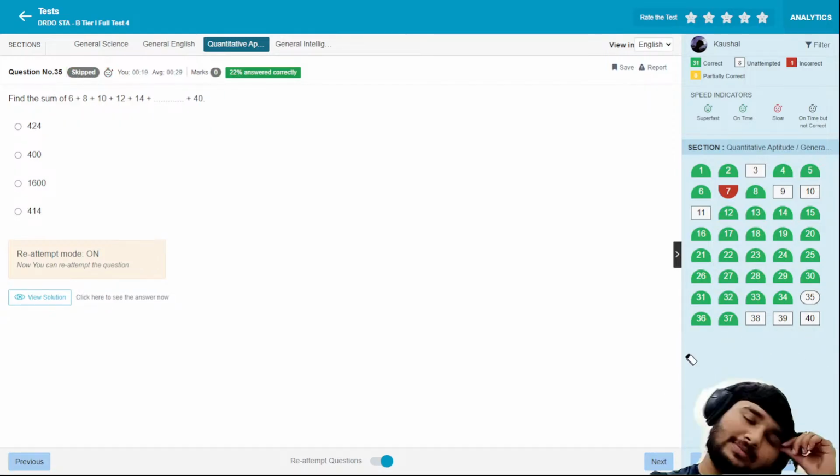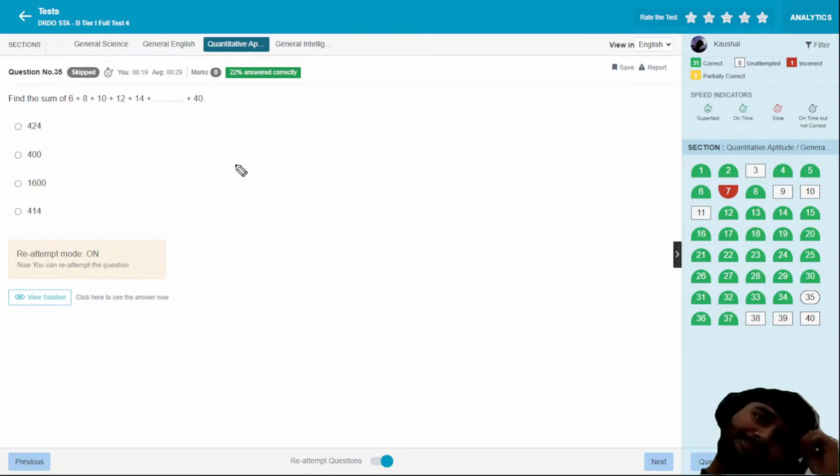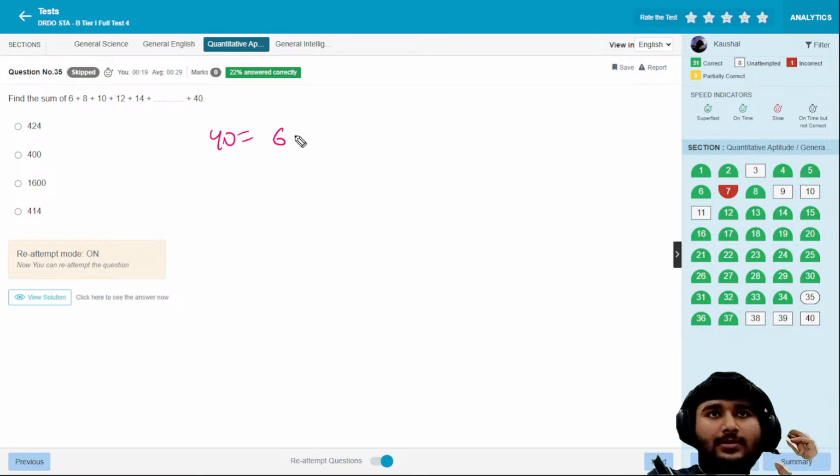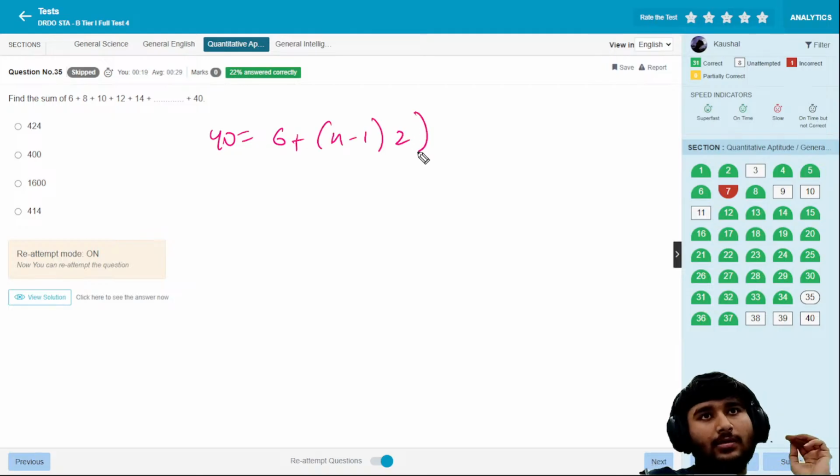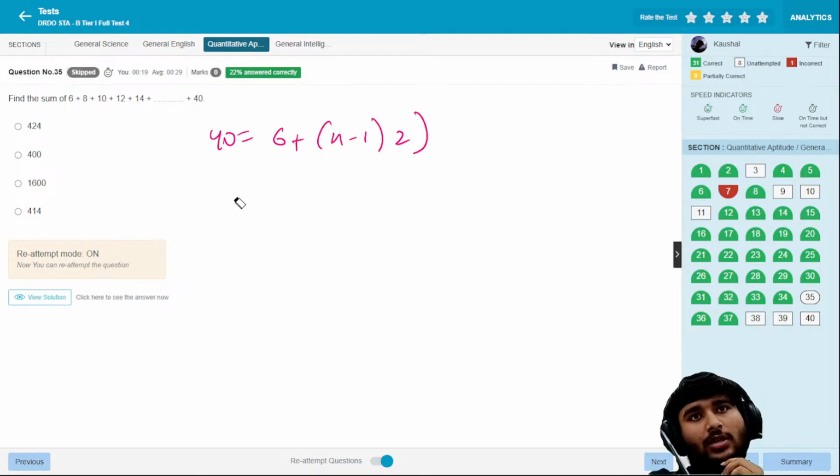So in this, SN, TN equals 40 equals A plus N minus 1 into D, 34/2 equals 17 plus 1, 18 terms.